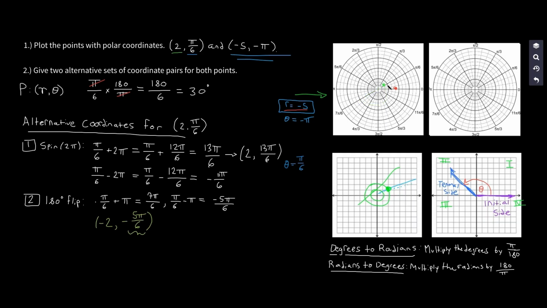So this is another way that we could code these coordinates into the polar coordinate system. The other way is 2 pi, because we switched the sign for r, and then -11 pi.